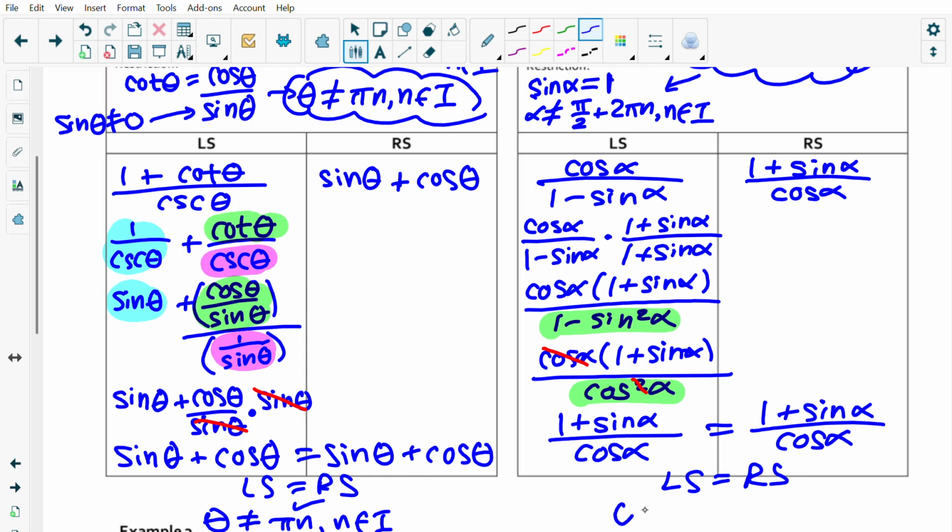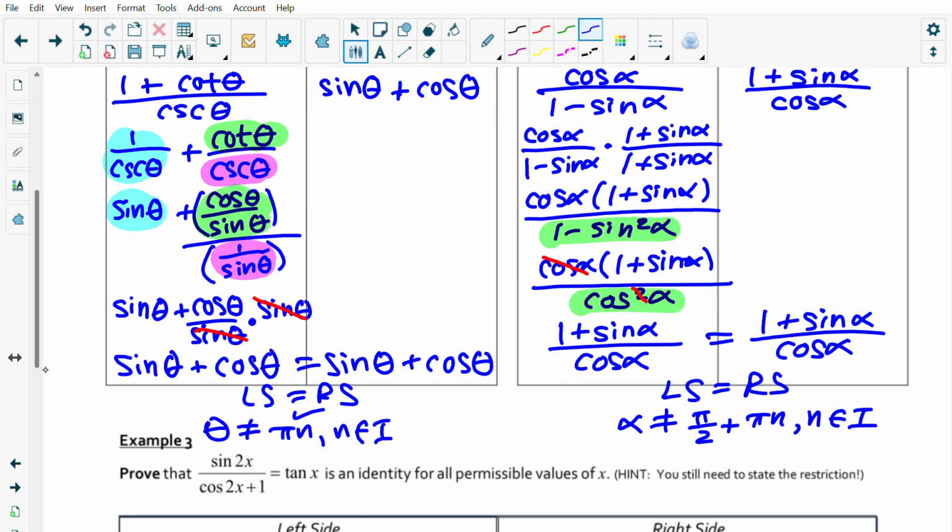Left side equals right side. So this identity is true with a restriction that alpha does not equal pi over 2 plus pi n, n is an element of all integers.